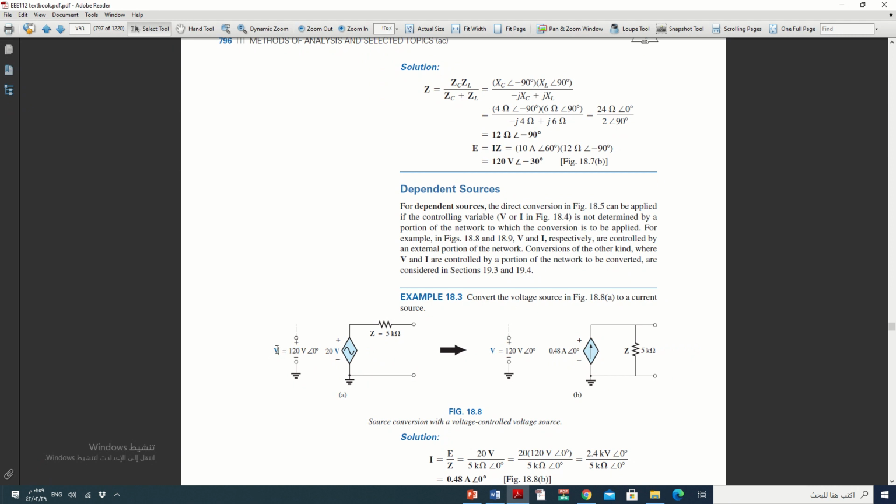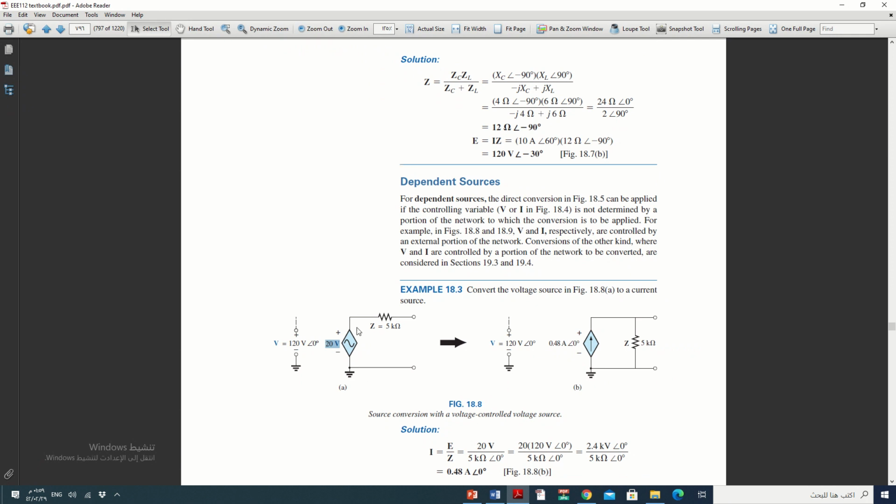The value of this source depends on V, so we need to multiply 120 by 20, because the relation between 20 and V is multiplication, and divide by Z to find the current value.